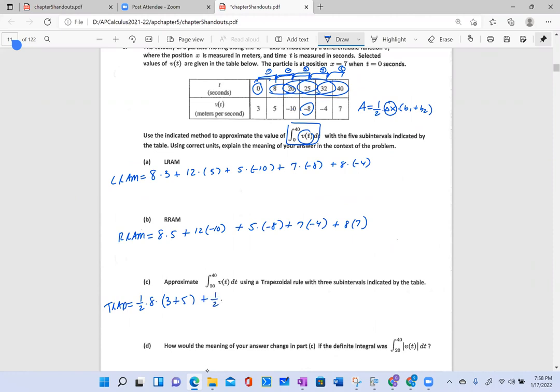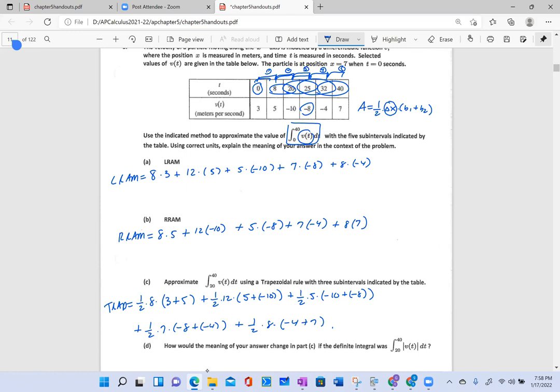Plus 1/2 times 12 times 5 plus a negative 10, which is just minus 10, plus 1/2 times 5 times negative 10 plus a negative 8, plus 1/2 times 7 times negative 8 plus negative 4, plus 1/2 times 8 times negative 4 plus 7.